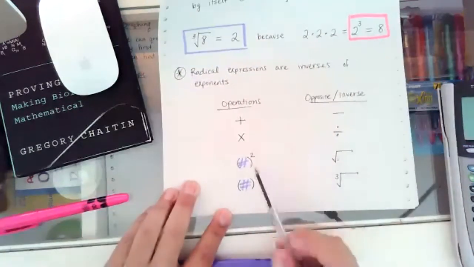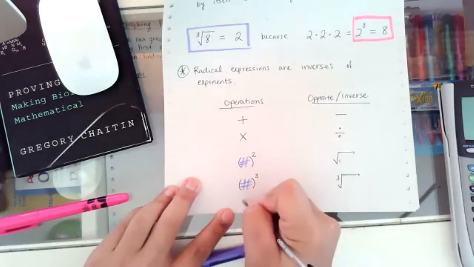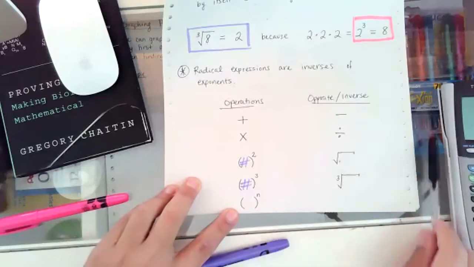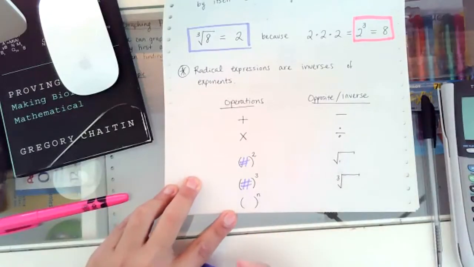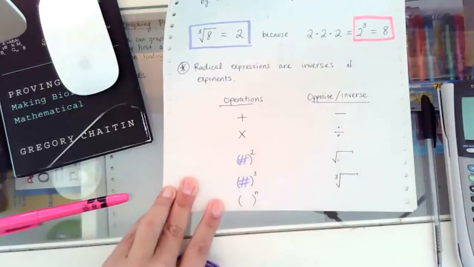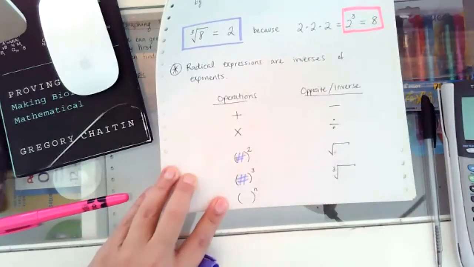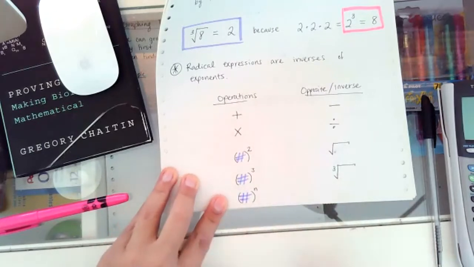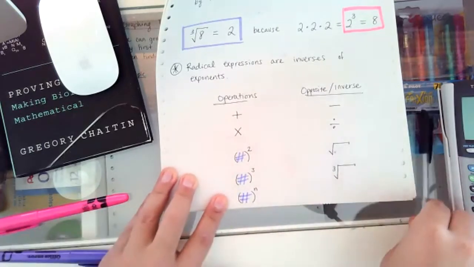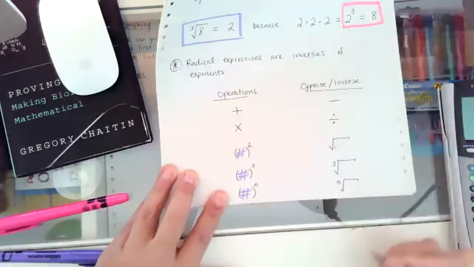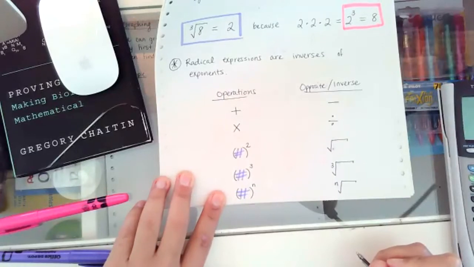So in general, whatever this number here is, I'll just put something to the nth power, because there's an infinite number of exponents that we could possibly use: 1, 2, 3, 4, 5, 6, 7, and so on. We could even use negative exponents. But if we raise something to a particular power and we wanted to undo that operation, we would just use the corresponding radical operation.